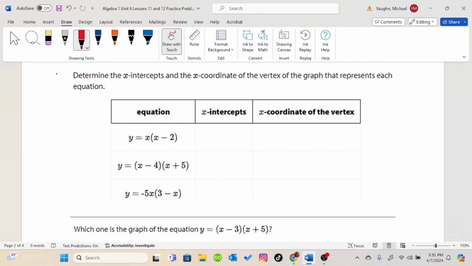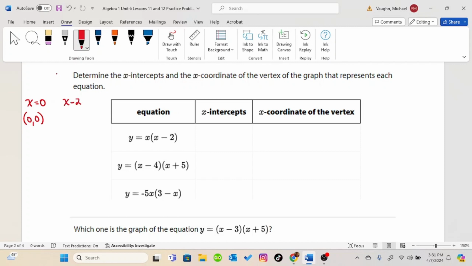Determine the x-intercepts and the x-coordinate of the vertex of the graph that represents each equation. So in the first one, we set x equal to 0, meaning the intercept is at the origin.